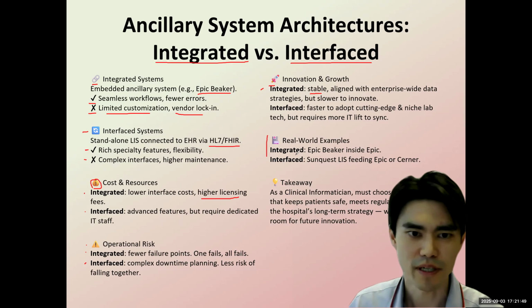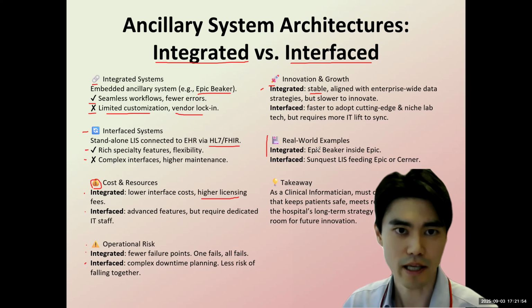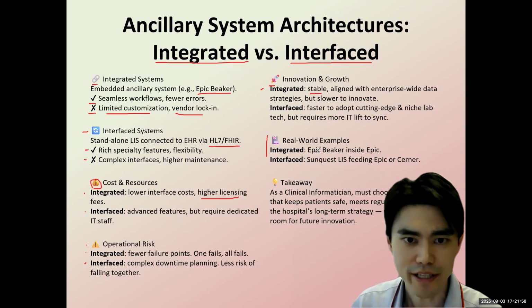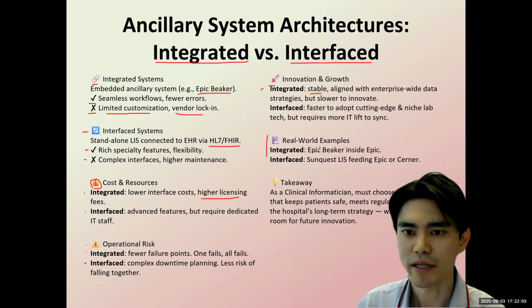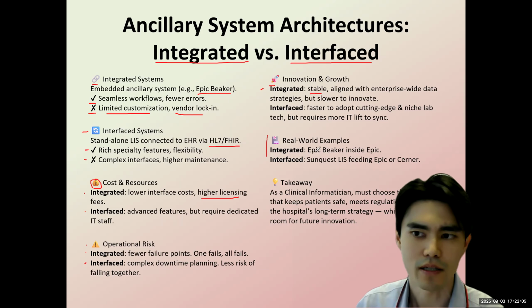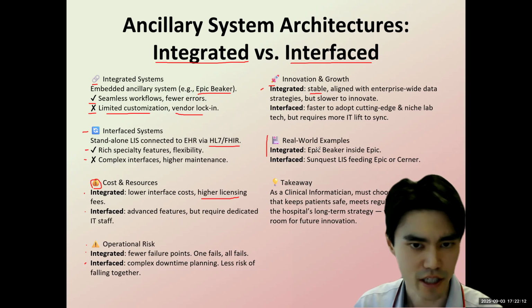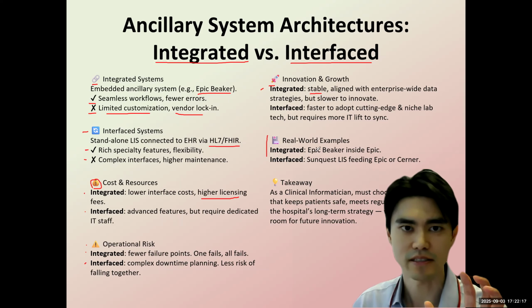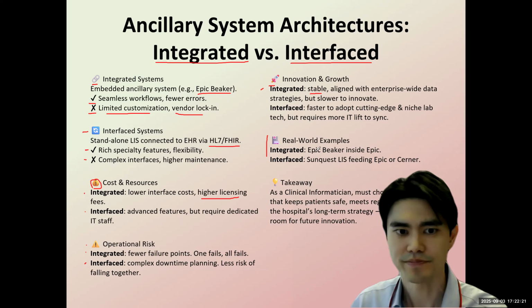I mentioned this earlier, but a real world example will be in Epic Beaker. Epic Beaker is the laboratory information system. Radiant is the radiology information system under Epic. Epic has other information system such as Optime for operations, Cupid for cardiology, and various other ancillary system that is part of integrated to the main EMR.